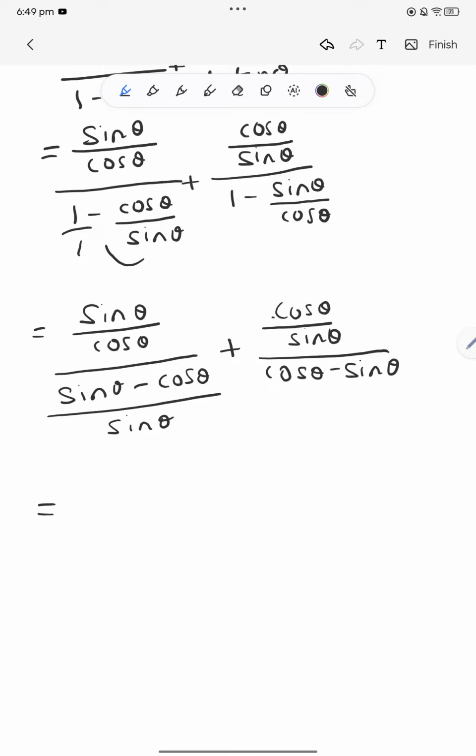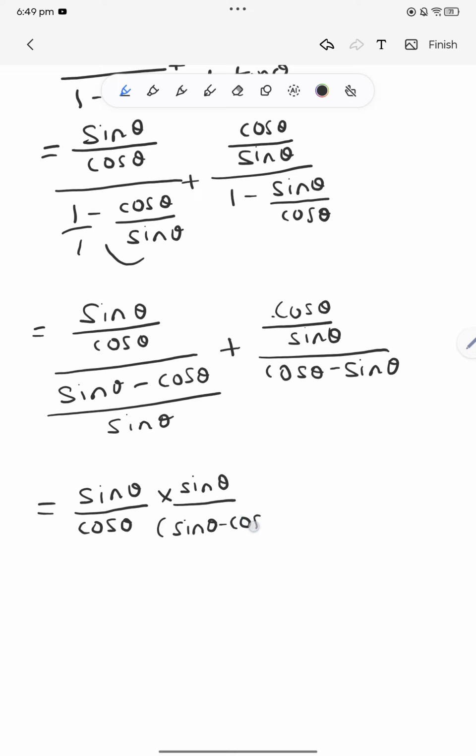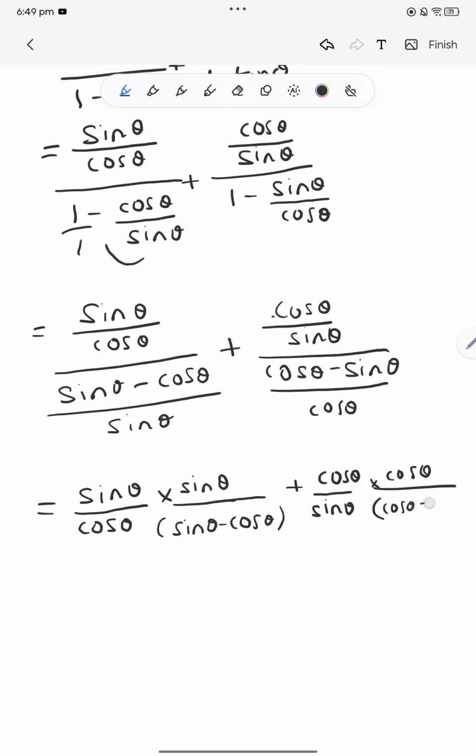So sin theta by cos theta as it is. So what will the numerator become? Sin theta divided by sin theta minus cos theta, plus here as it is cos theta divided by sin theta, here cos theta is left. So this one, cos theta divided by cos theta minus sin theta.